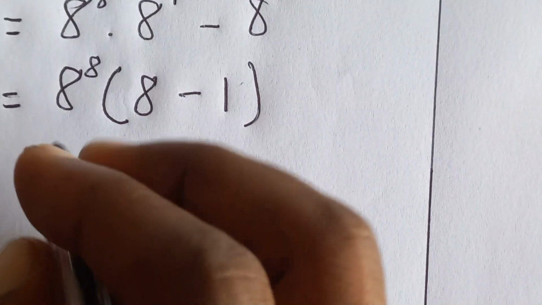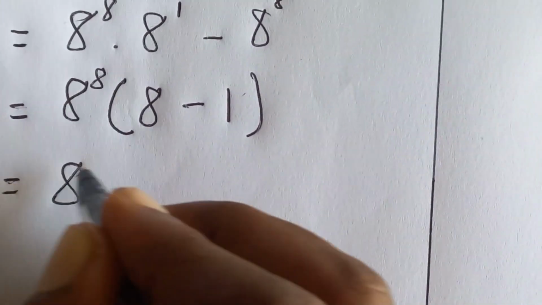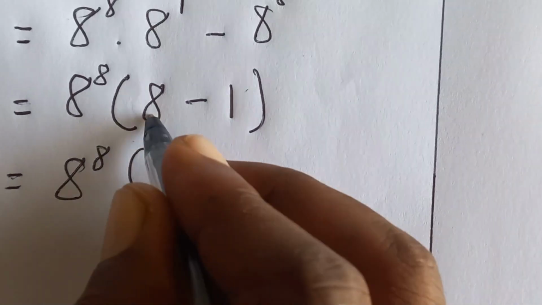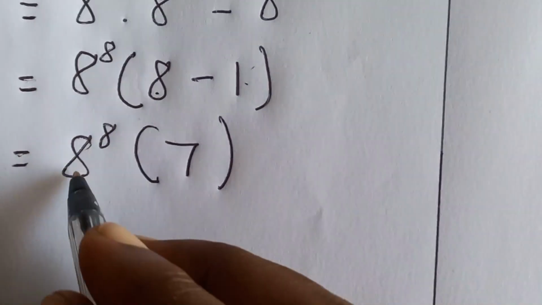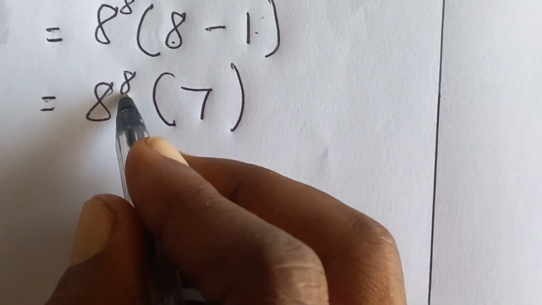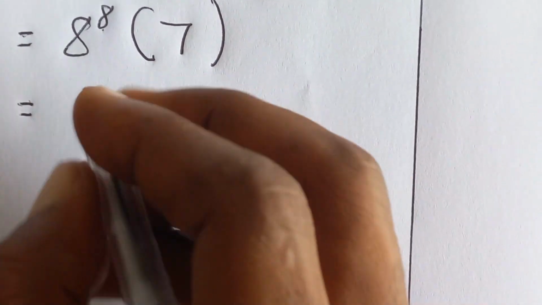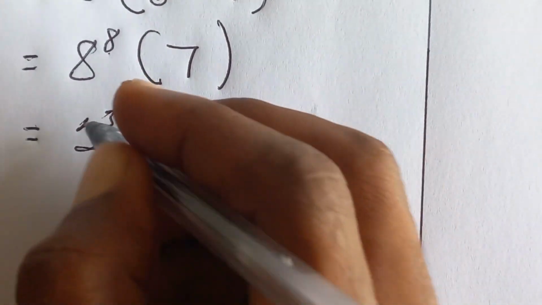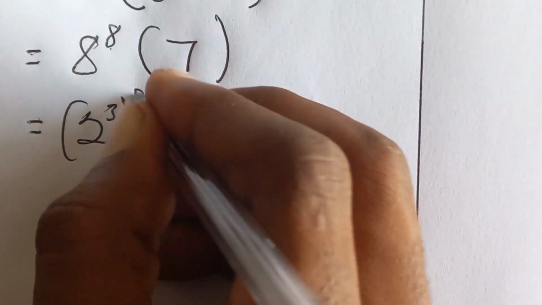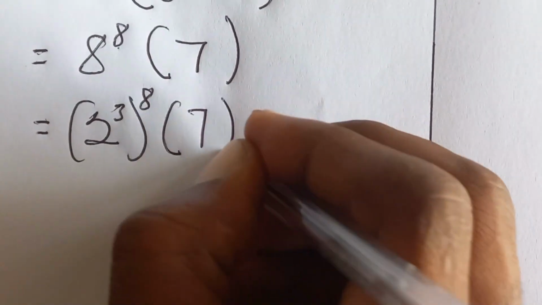Now, you know that 8 exponent 8 bracket 8 minus 1 is 7. And also for 8 exponent 8, we can express 8 as 2 exponent 3, then to the power 8, multiplied by 7.